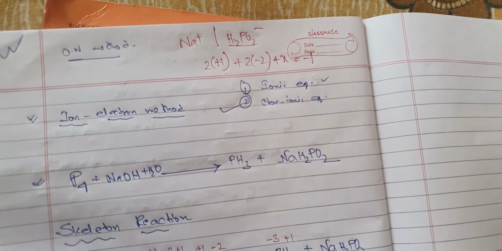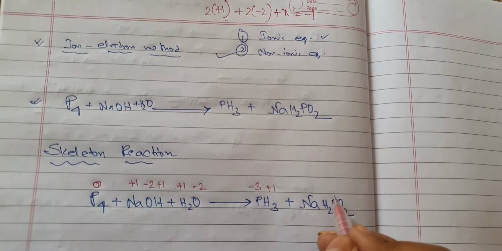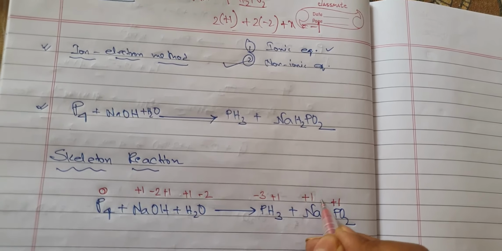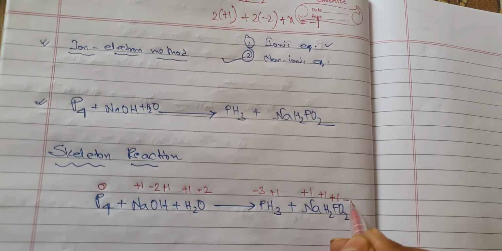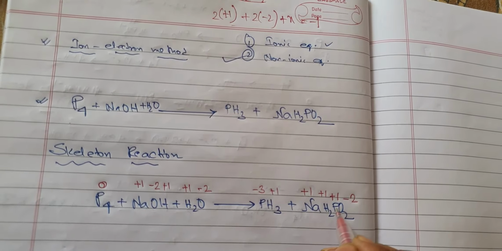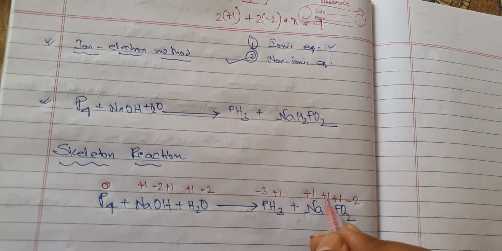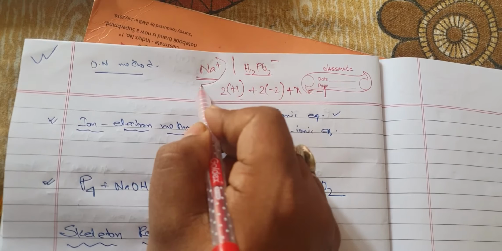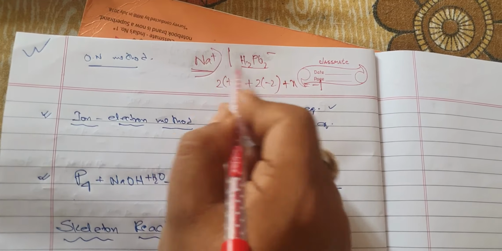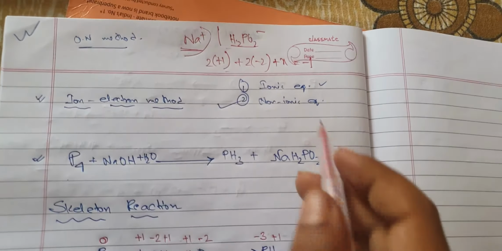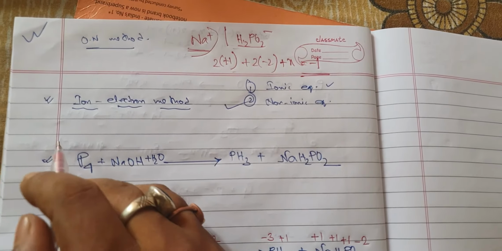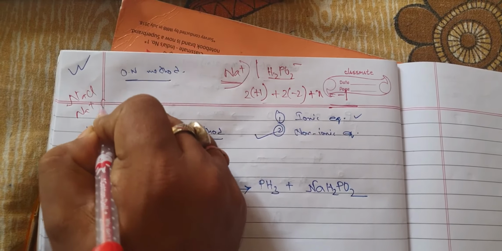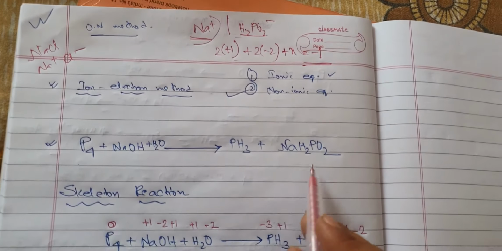If you solve it, you will get O in minus 2 state, P in plus 1 state, H in plus 1 state, and Na in plus 1 state. So how did I find out? I separated the Na out, then H2PO2 minus, separation of charges. I hope you have understood, because as you know, suppose NaCl is there, it is Na plus and Cl minus. So NaH2PO2 is the same.